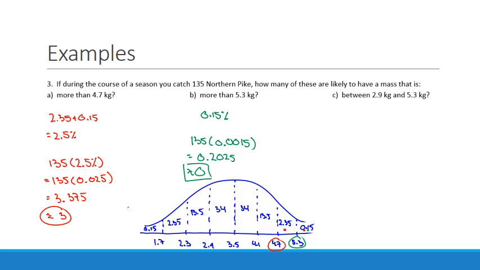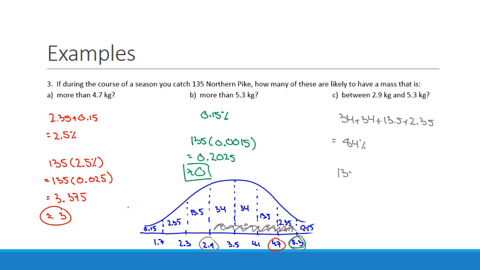I've used red. I've used green. Actually, let's go silver, people. 2.9 right here. 5.3 is right here. So I'd have to add up all these regions, not that final one, but these ones right here, everything in between those end marks. So I'd get 34 plus 34 plus 13.5 plus 2.35, and that would work out to 84%.